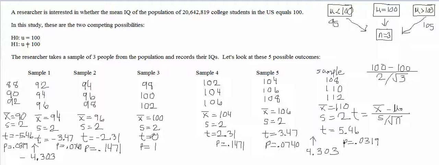And because of that, notice how if the sample mean is 100, you get a t-score of 0, and sample means near 100, like 99 or 101, have t-scores near 0. So if the population mean is 100, you expect a sample mean near 100, and you expect a t-score near 0. So that's what's likely in each of these situations.